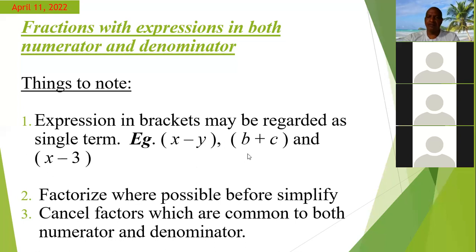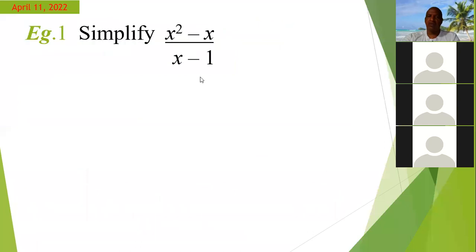Yes, sir. And so if you look in the numerator here, this is an expression, and in the denominator, that's another expression. So we cannot cancel an X out of the denominator with an X in the numerator, because in that case we would not be treating each expression as a single unit.